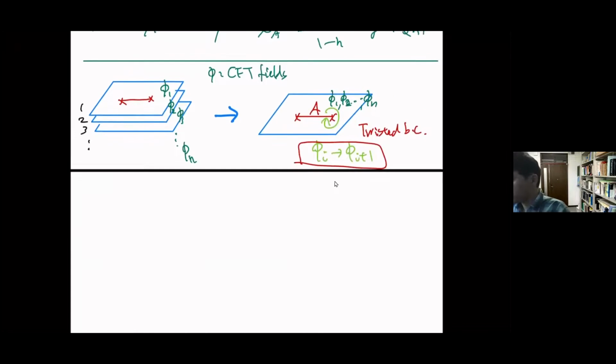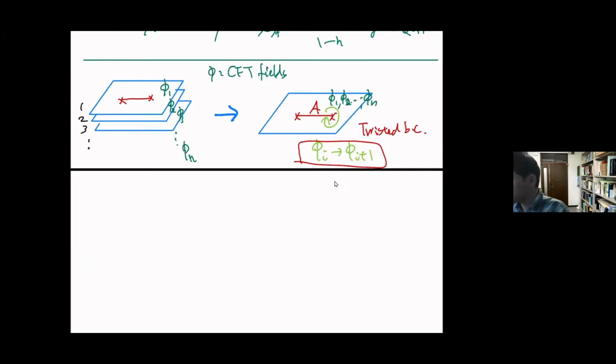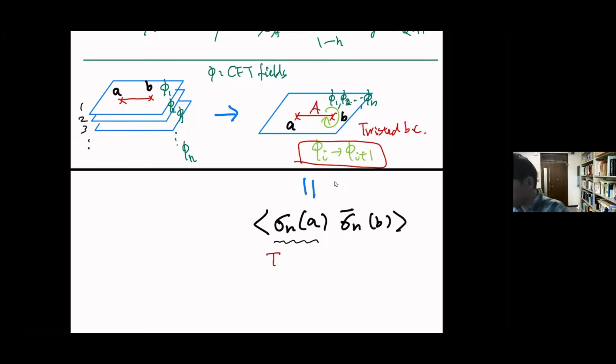And then you can think this is equivalent to the calculation of a twist operator, like this. Let's call these positions A and B. This is called the twist.